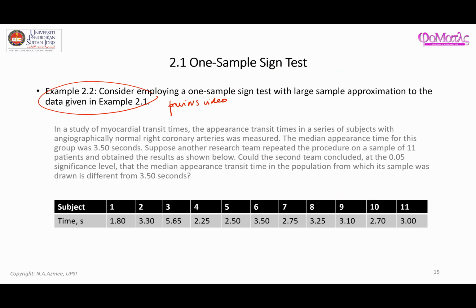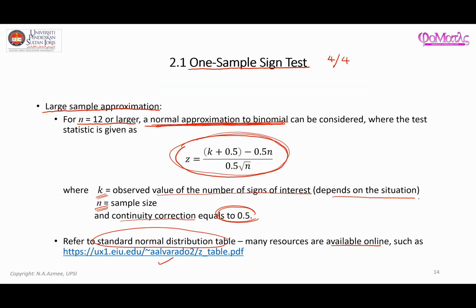Please understand that in actual practice, this example cannot be used with the large sample approximation method. This example is not suitable because the sample size here is 11 patients and what it says here is 12 or larger.